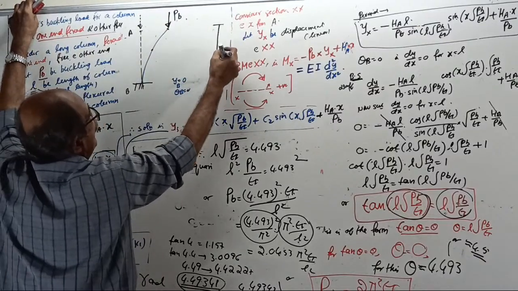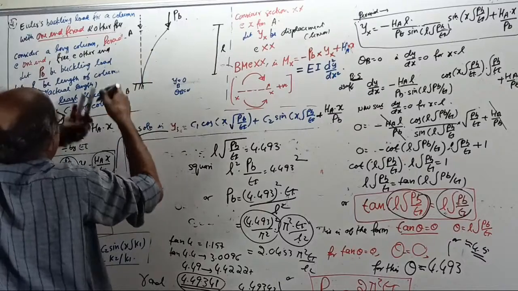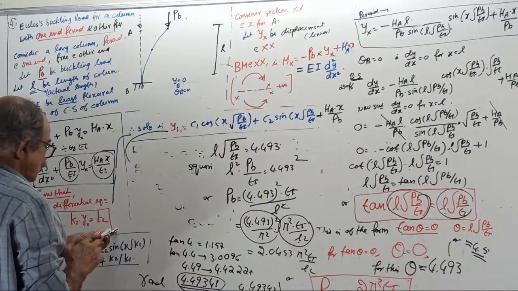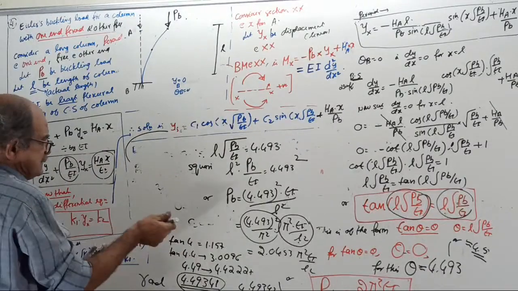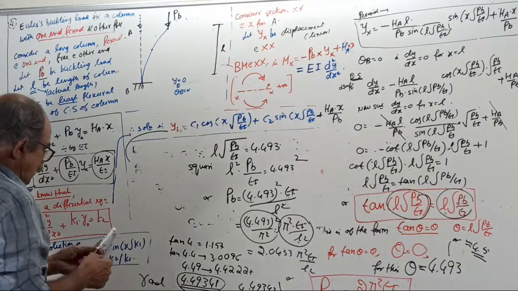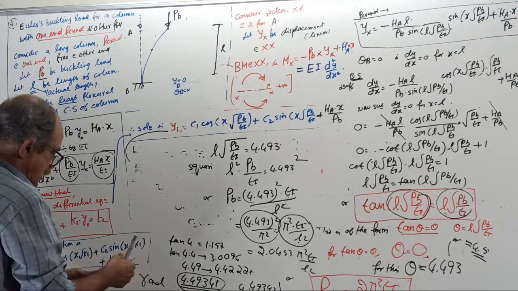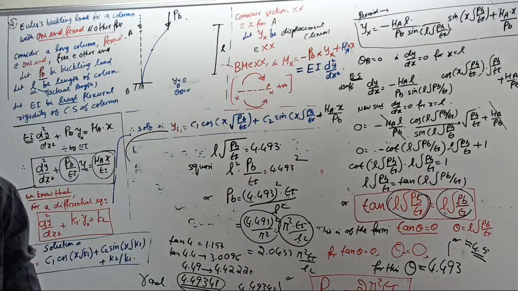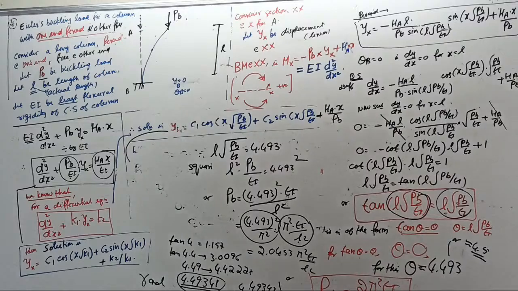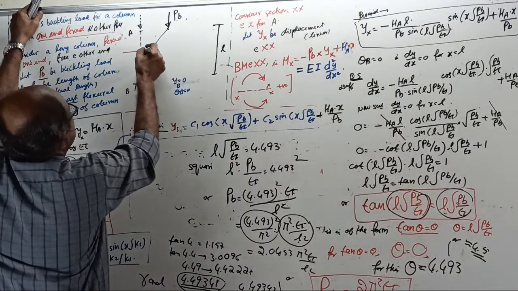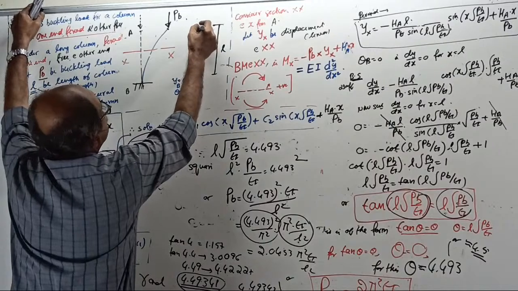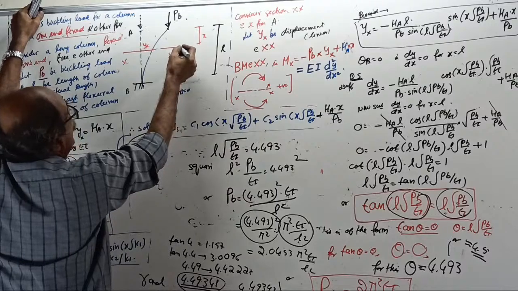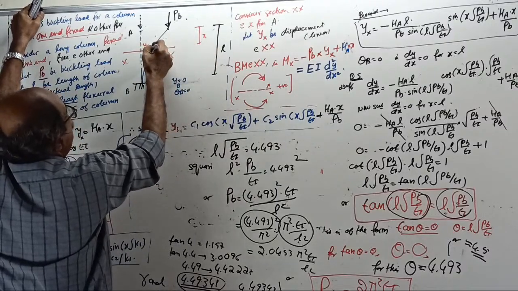Length is L. Now if I take a section XX, have patience for at least 5-10 minutes more. Usual, only black; otherwise red will start coming like anything. At X from here, this is your deflection YX. Very important: at XX your BM point is here.